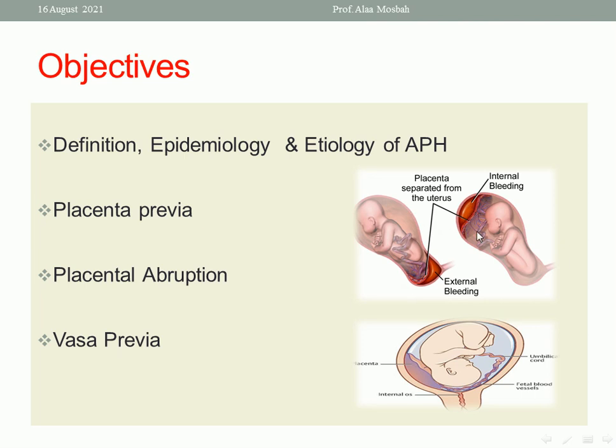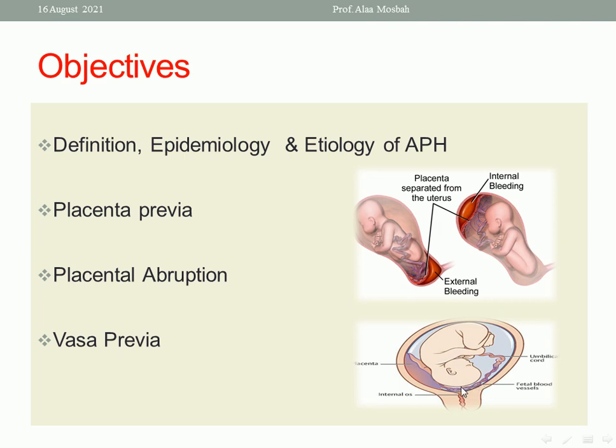Okay. The third picture here is the Vasa previa. Here is the filamentous cord insertion in the placenta, with fetal blood vessels passing through the placental membrane under the presenting part.